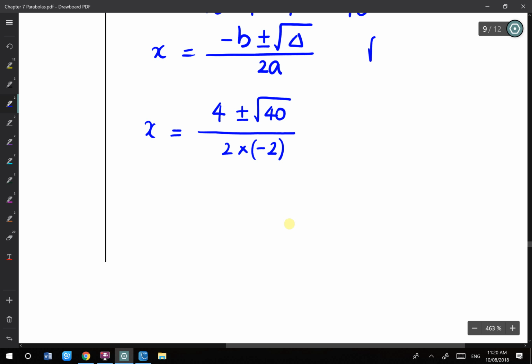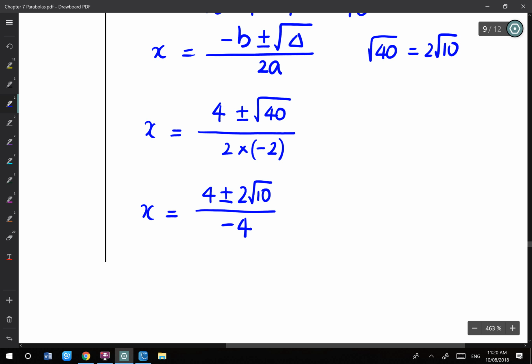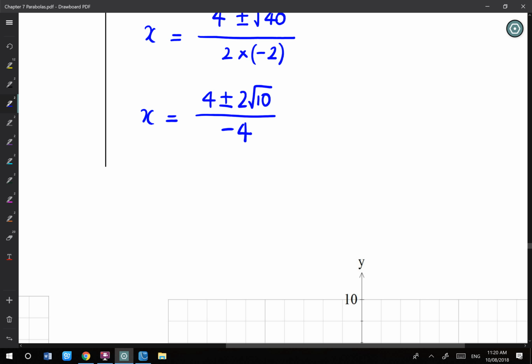What's square root 40? 2 root 10, right? 4 times 10, 2 root 10. Okay, so what I have here is 4 plus minus 2 root 10 over minus 4. I can further simplify that, like separately divide them. 4 divided by minus 4, I get a minus 1.